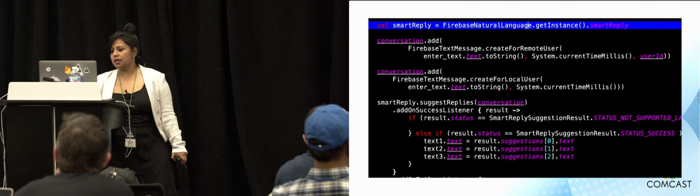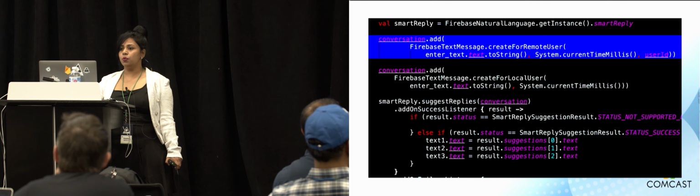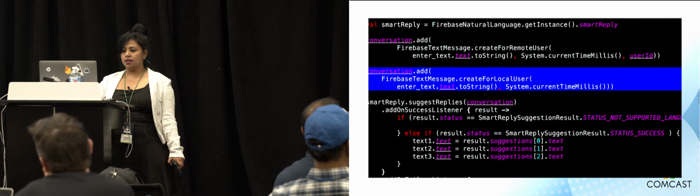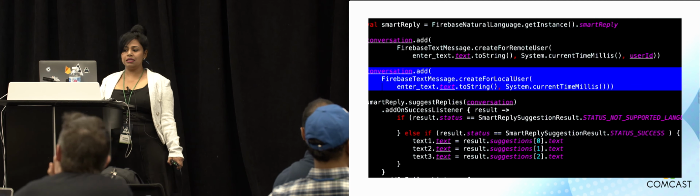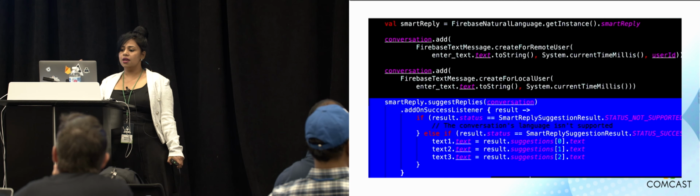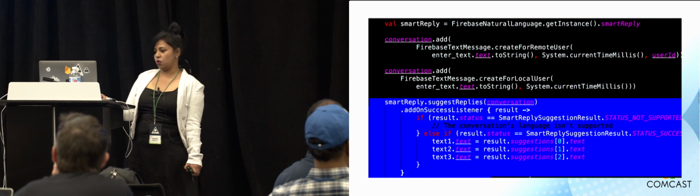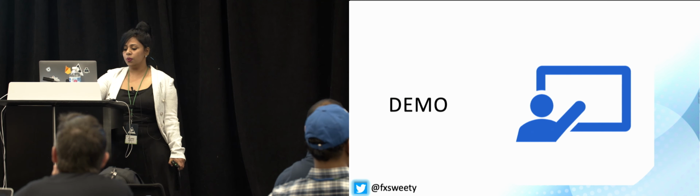So here you can see I'm getting the instance of the Smart Reply, then setting the remote user, which has a user ID, and the other one is the local user. It doesn't require any user ID for it. And then you pass the conversation, and you can see it's giving you 3 results, and you're adding them to the text box. Let's quickly look at a demo.